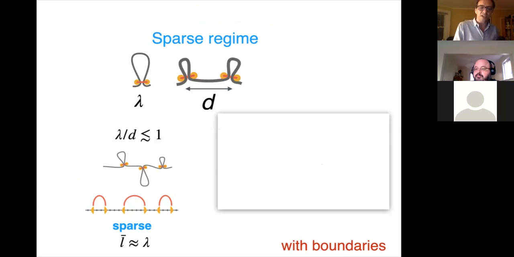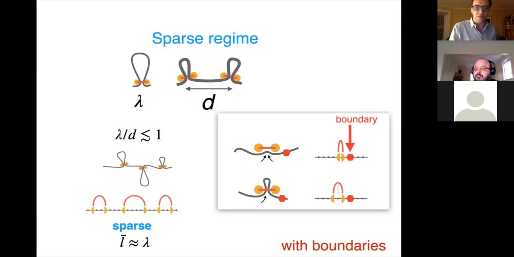So we looked in the sparse regime, and in addition to this classical sparse regime, we added one more element to the model. We said, what if there are boundaries? And let's assume that there is a boundary, and when this enzyme comes to a boundary, it stalls at the boundary, but it continues extruding a loop on the other end.